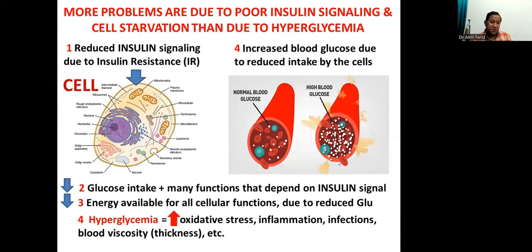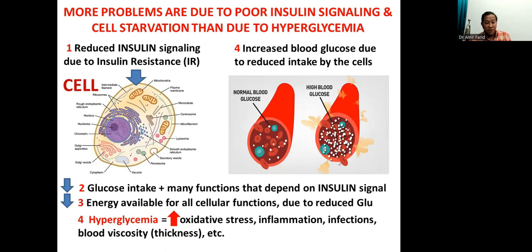So reduced insulin signaling due to insulin resistance will cause the glucose intake to be reduced, and also reduce all the other functions depending on insulin signaling. But at the same time, we do not ignore that hyperglycemia also contributes additional problems.